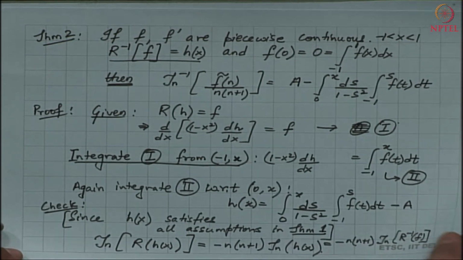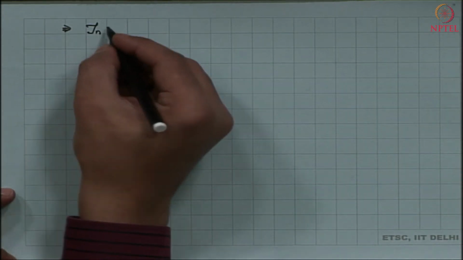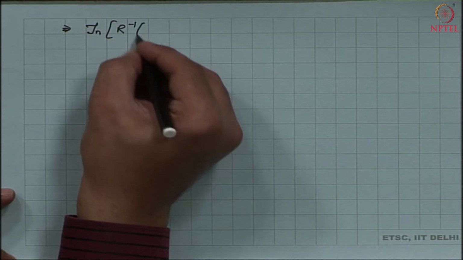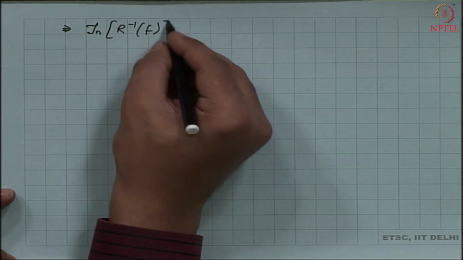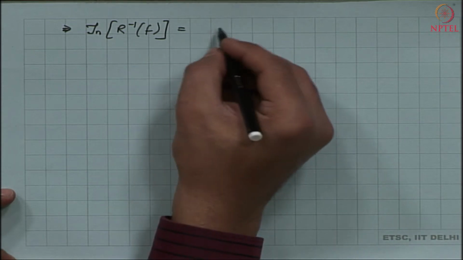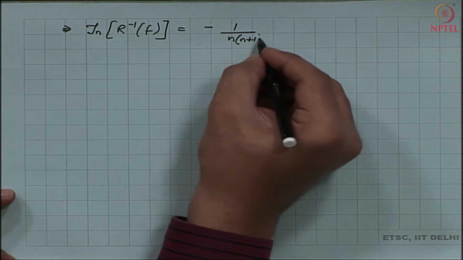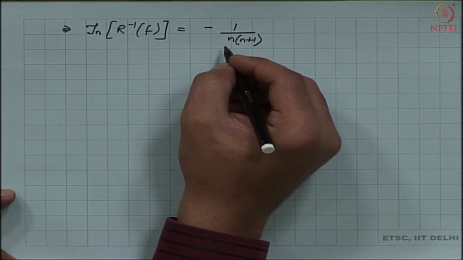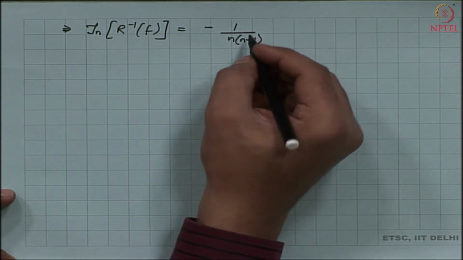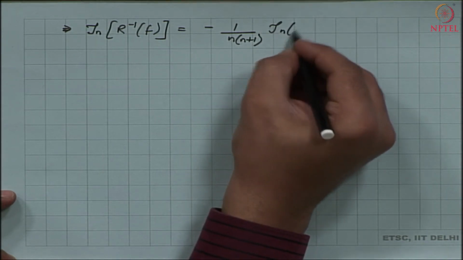So, what I have is the Legendre transform of R inverse of f is negative 1 by n into n plus 1 times the Legendre transform of f.